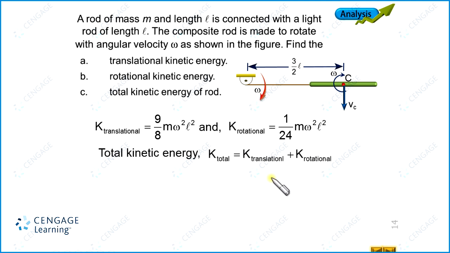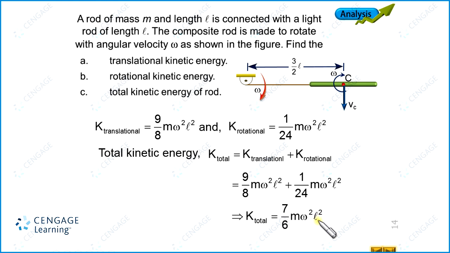This equals 27 divided by 24 m omega square L square, which can be further written as 7 by 6 m omega square L square. This is the total kinetic energy of the rod system.